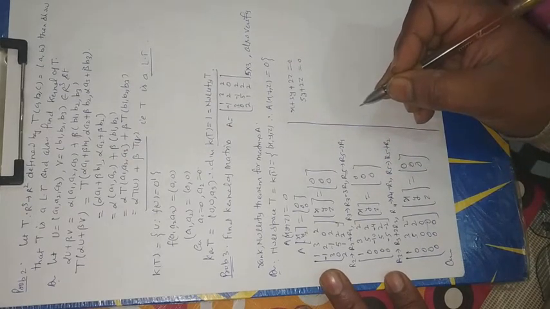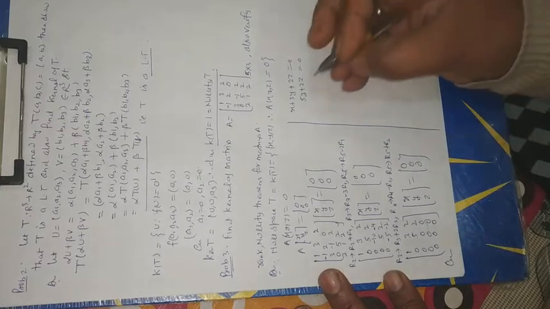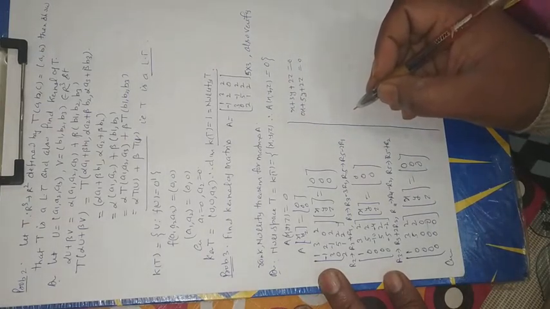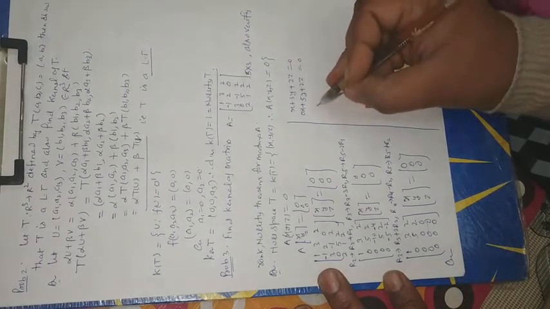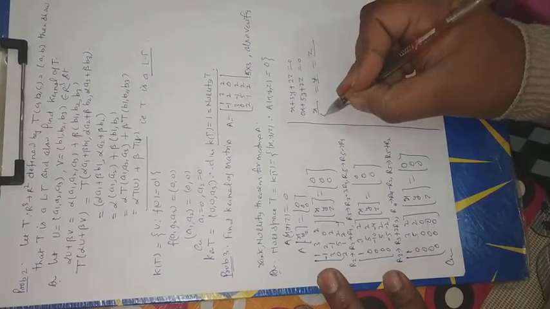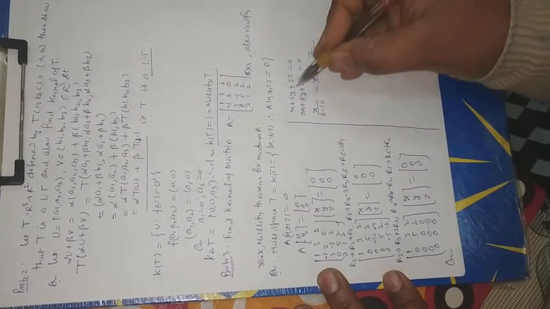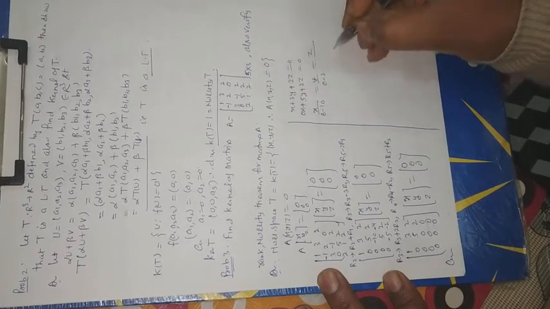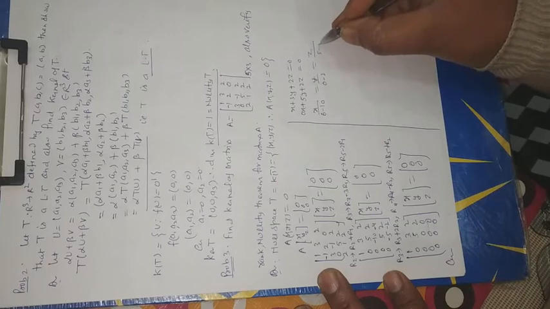Now solving by the cross-multiplication method. Now x, y, z: this is cancelled by this. 6 minus 10, this is equal to 0 minus 2, this is cancelled. 5 minus 0.